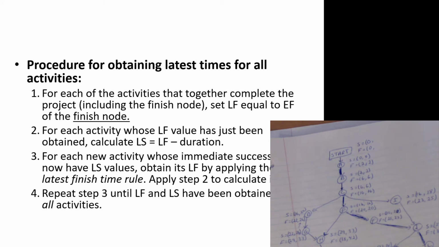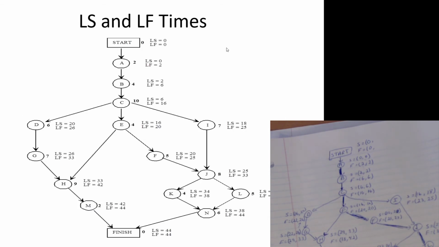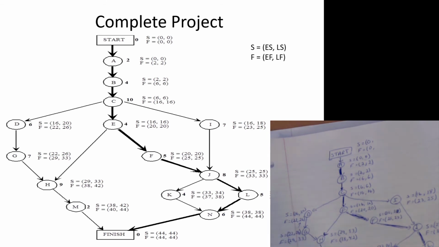So it's not impossible or super tricky to do, but it is a little bit more involved than the earliest start, earliest finish. So the nice pretty diagram is the latest start, the latest finish times, which we all understand. And then the whole completed project, which is the neat form of what I was doing there.